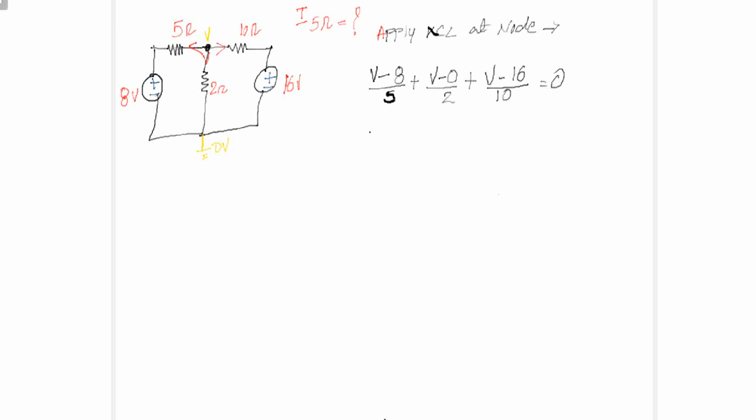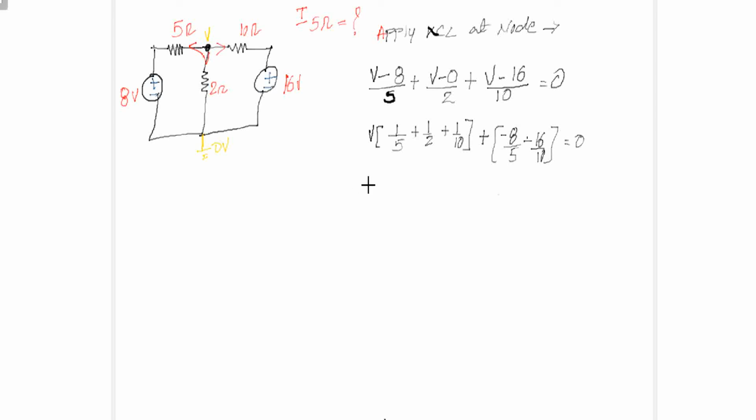So from this I can write V times (1 by 5 plus 1 by 2 plus 1 by 10) minus 8 by 5, 0 by 2 which is 0, and minus 16 by 10, equal to 0.